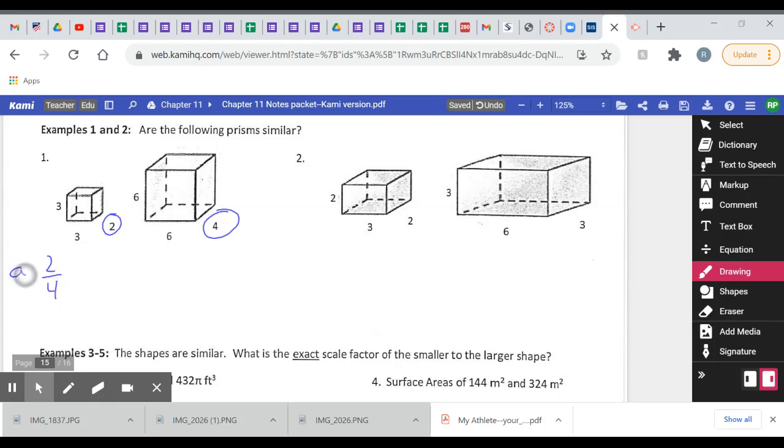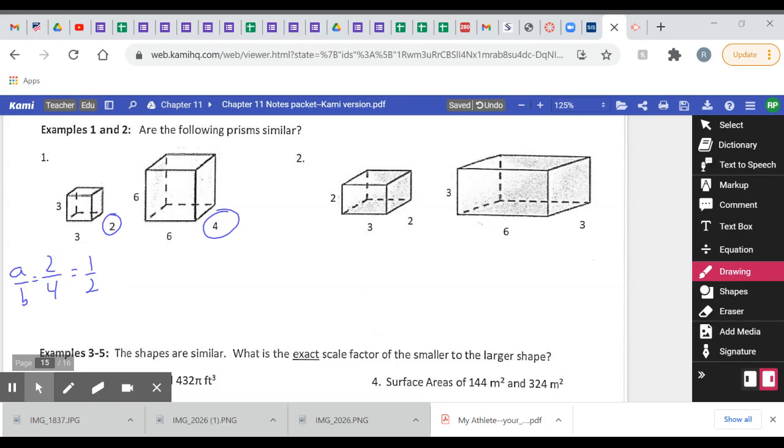So we're going A over B because we're just going side length over side length. Those side lengths are not squared. They would just be meters and meters or inches and inches. And that 2 over 4 can reduce down to 1/2.